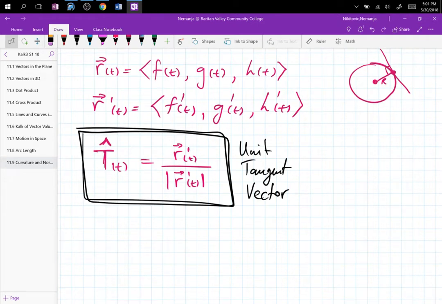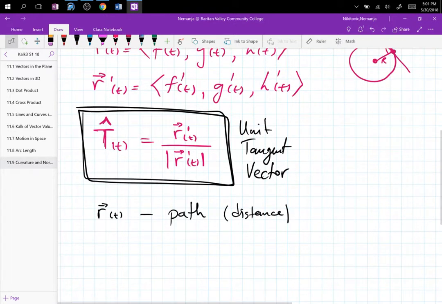Now, we also know that vector r of t in its parametrization form represents the path. I like to think of it as a road, which carries distance. And then the derivative of that with respect to time must be velocity.